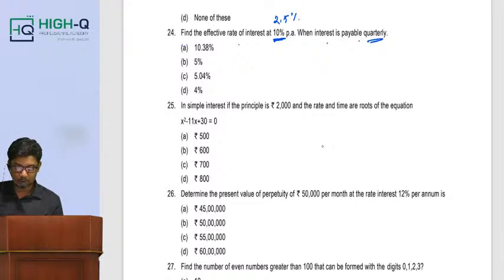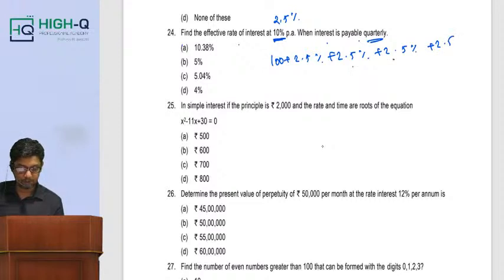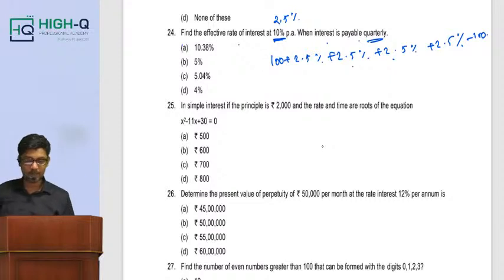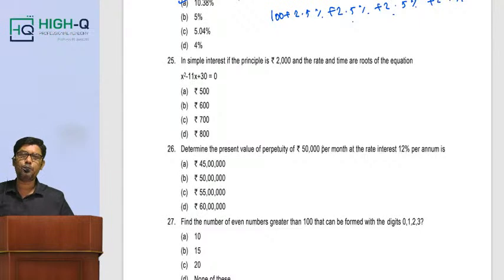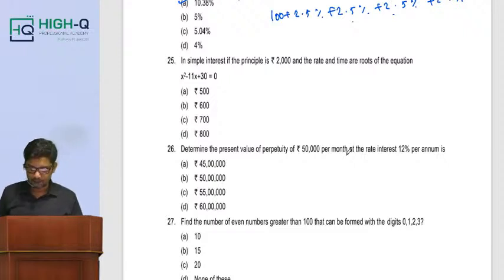You know the method to be followed. 100 plus 2.5% plus 2.5% plus 2.5% plus 2.5%, 1, 2, 3, 4, minus 100. So what exactly answer you got, my dear? Can you please tell me? Is it 10.38%? Sir, we were using formulas and all, sir. My dear, you can use the formula or by using calculator directly you can get it. Okay. Yes, next one.